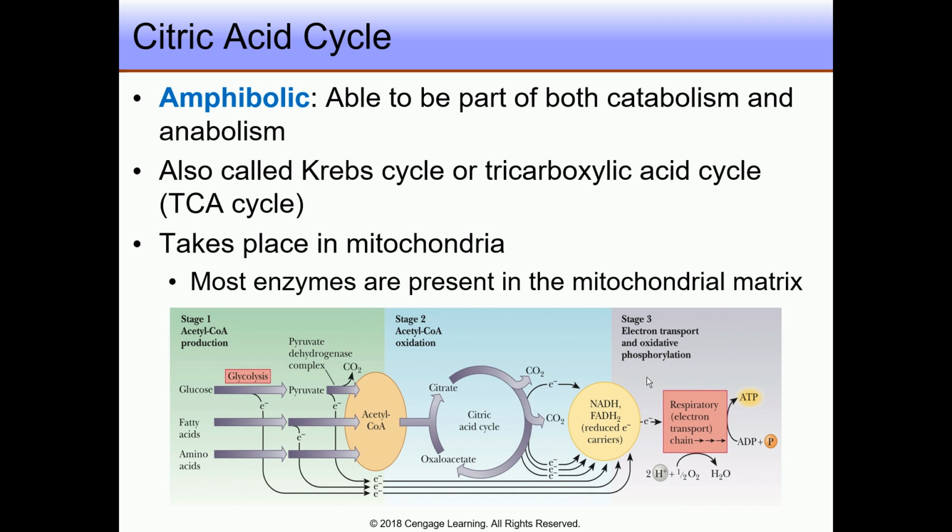Because of the high concentration of protons in the intermembrane space, they flow back from the intermembrane space to the mitochondrial matrix through the enzyme ATP synthase. ATP synthase becomes catalytically active because of conformational changes in this enzyme, and this results in the formation of a lot of molecules of ATP.